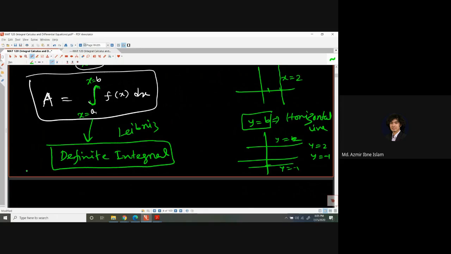That means the integral where we have both a lower limit and an upper limit is called the definite integral. Let me describe it again. We have the integration from x equal to a to x equal to b of f of x dx.